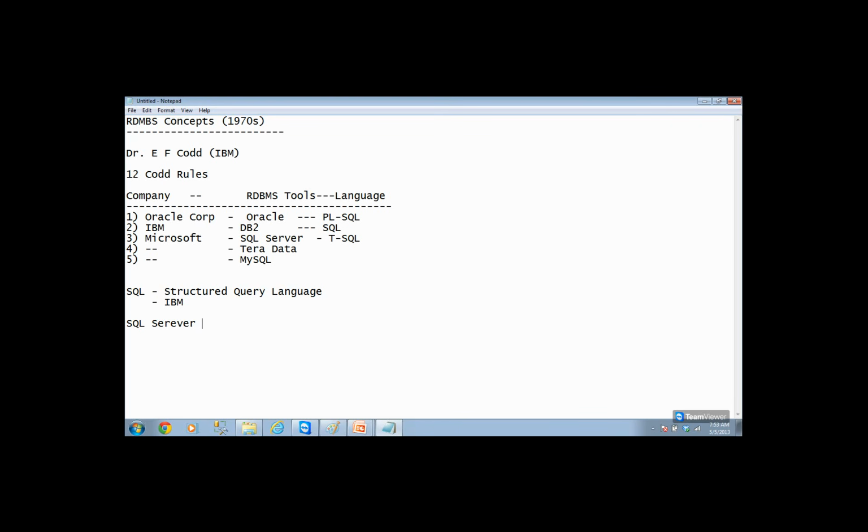If you talk about the history of SQL Server, when was this started? SQL Server first started with SQL Server 1.0, which was in 1981. There are many versions.